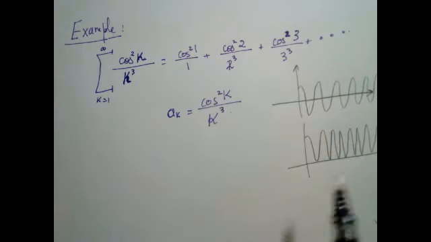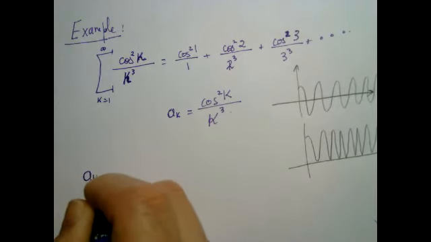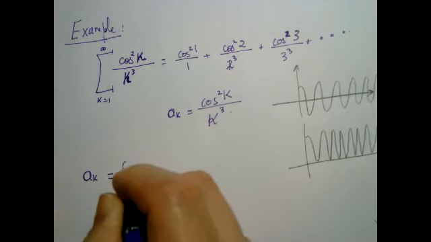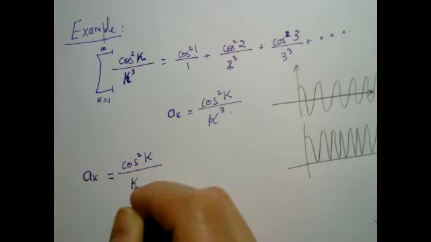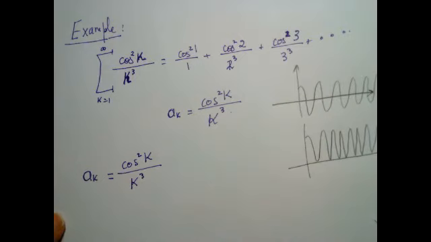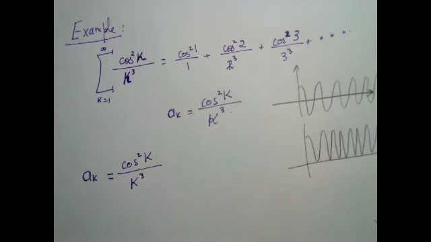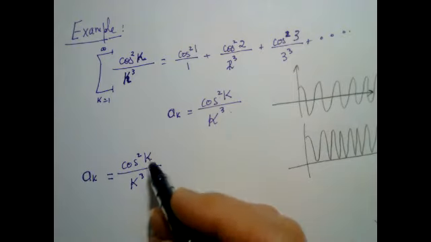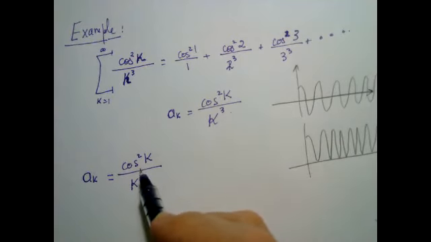So we're going to use the comparison test. How shall we use it in this case? The comparison test requires us to find something that this series is less than or bigger than. What do we know about the cosine?